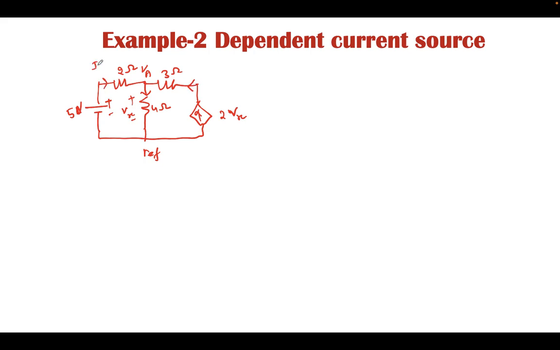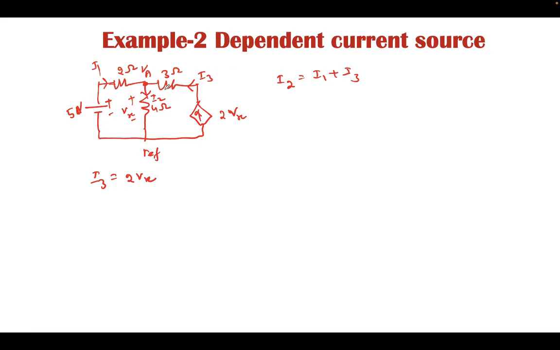Let it be I1, this I2, this I3. At this junction two currents are entering and the third current I2 is leaving, so I2 equals I1 plus I3, and I3 is equal to 2Vx.